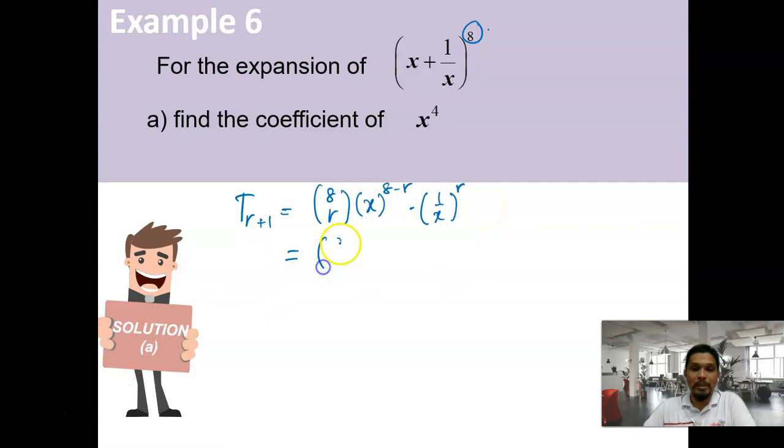So C(8, r) is the coefficient here, and then x to the power of 8 minus r, and this one here, x to the power of negative r.